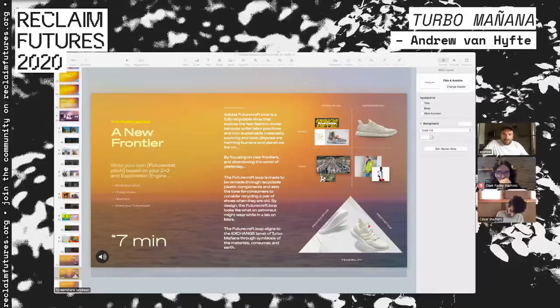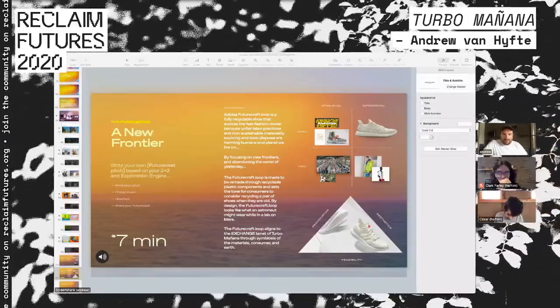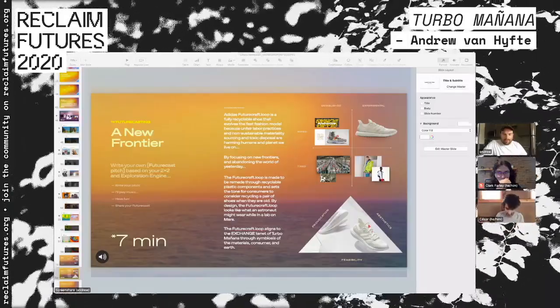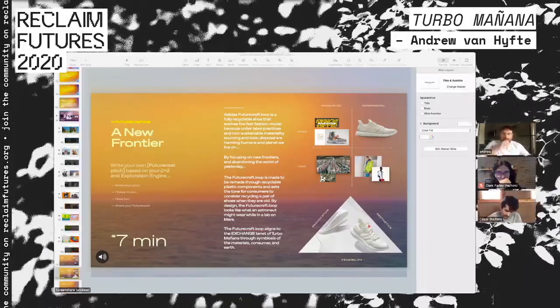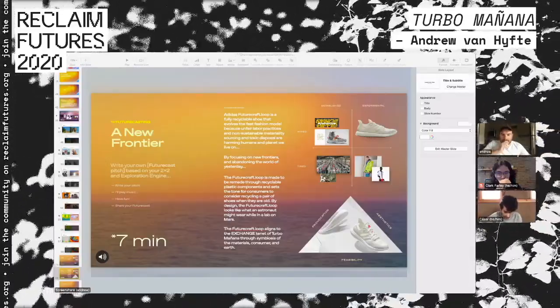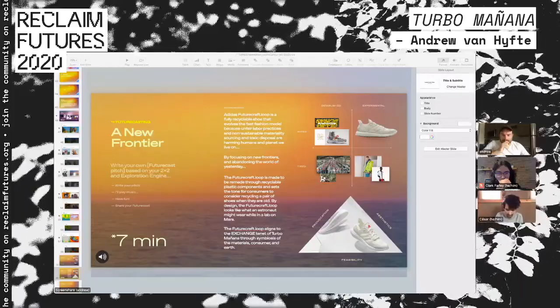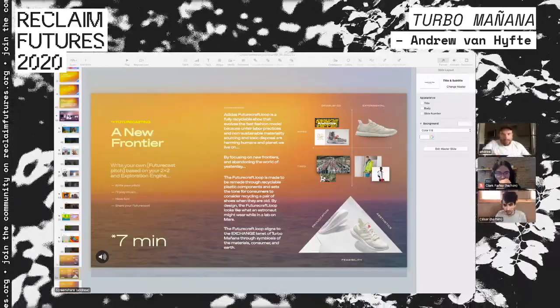By using found elements of the earth to create sustainable community housing for the modern nomad, by design, these kits allow people to build ant-like colonies that degrade over time. Nomadic earth shelter kits align with the exchange tenet of the Turbo Mañana through the symbiosis of earth, inhabitant, and community. Dude, I love it.